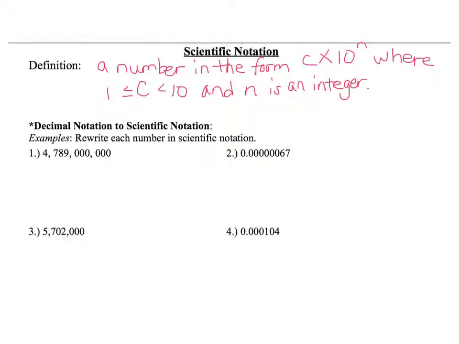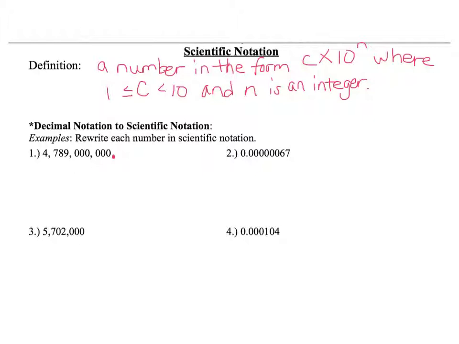If we move the decimal to the left, so we started with a very large number, we'll use a positive exponent. If we move the decimal to the right, so we started with a very small number, then we would use a negative exponent. So for the first example, remember that if we had written the decimal, it would be all the way in the very back.